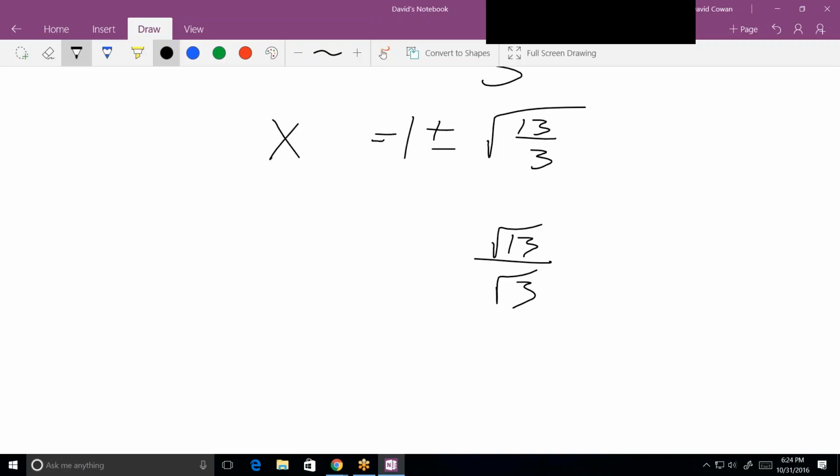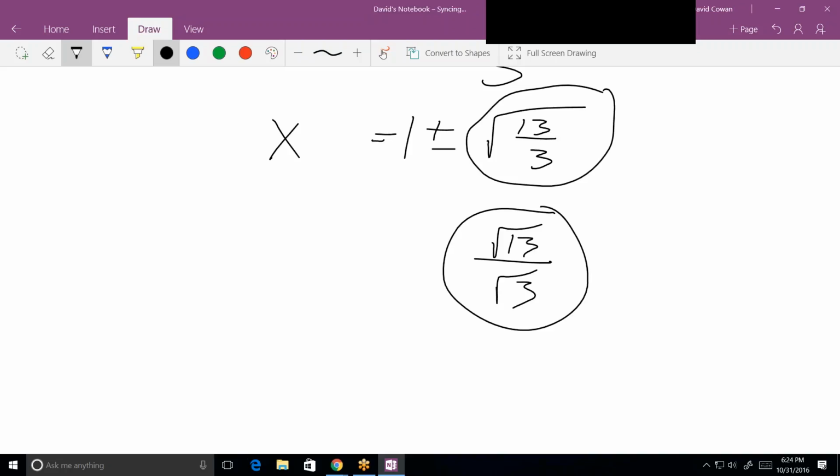Yeah. This is equal to what I just wrote. What's wrong with what I just wrote? You never ever want to give this as an answer in math. Why not? Because you don't want a square root in the denominator? Yes. That makes the denominator irrational.